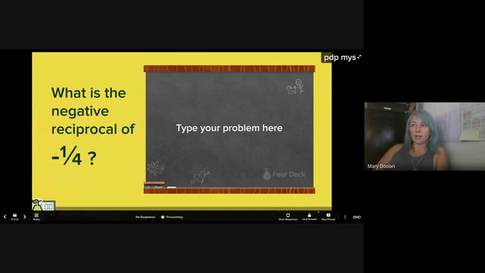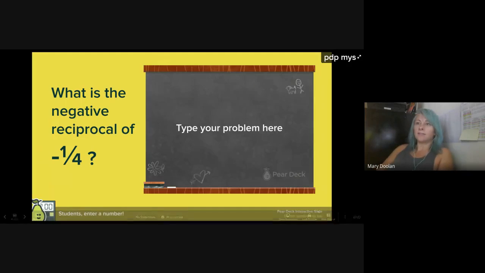Okay, so interactive slide. Can you do this? What is the negative reciprocal of -1/4?